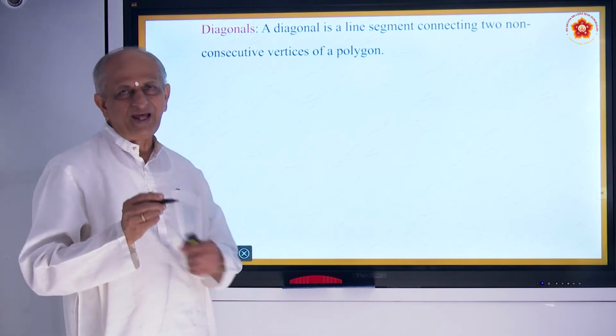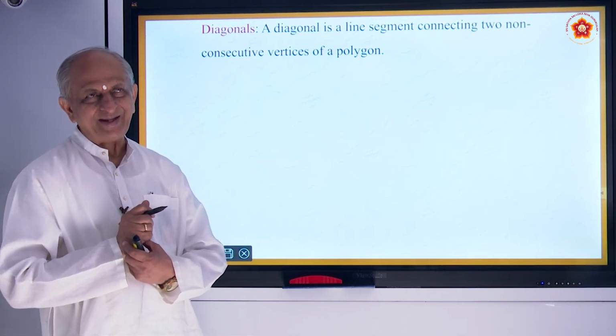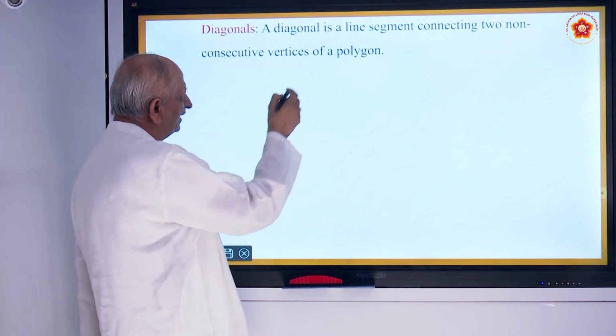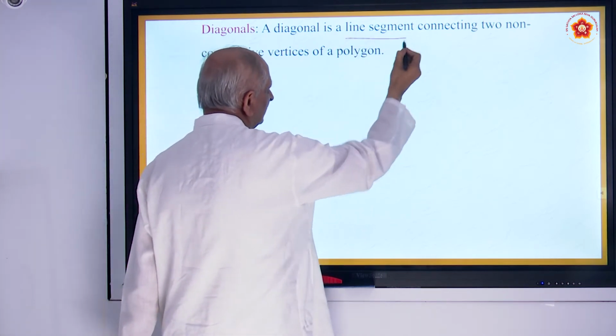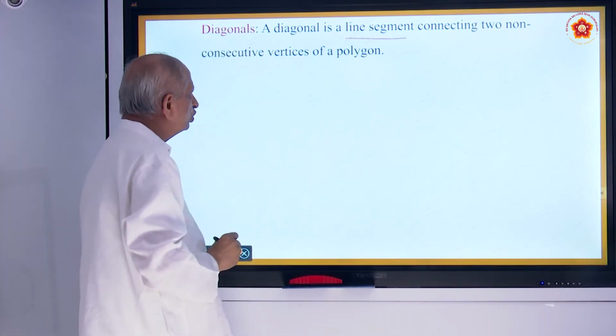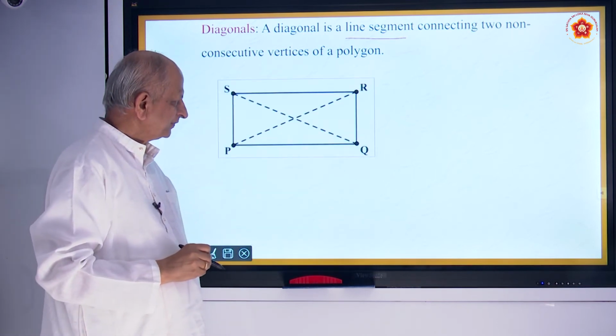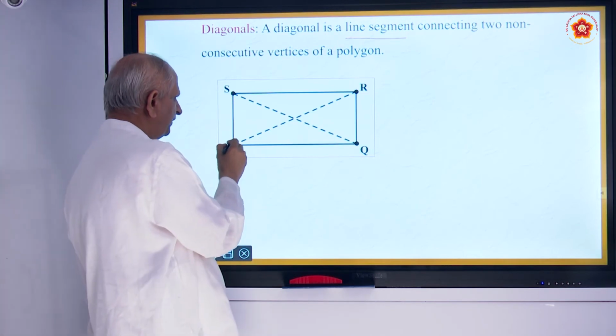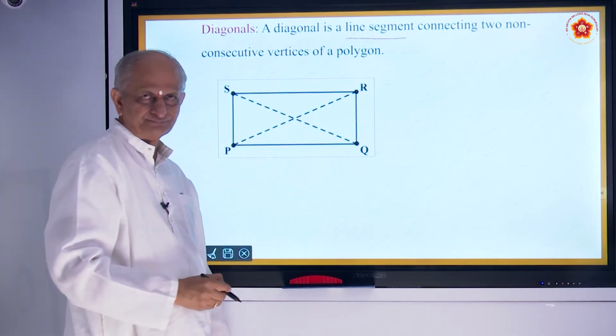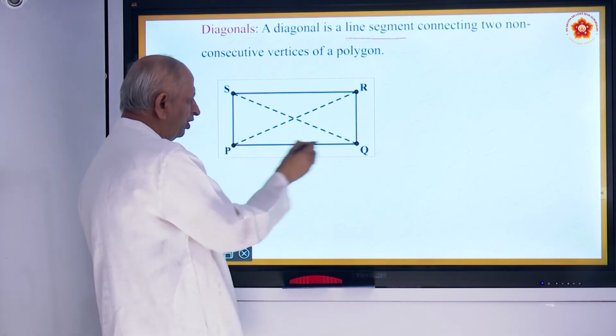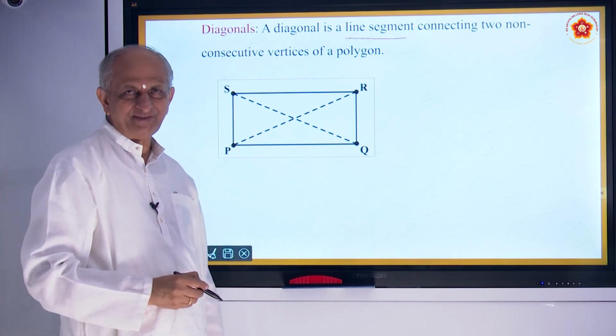And what do you mean by diagonal? A diagonal is a line segment connecting two non-consecutive vertices. See, PR is called a diagonal. What is PQ called? Adjacent side.